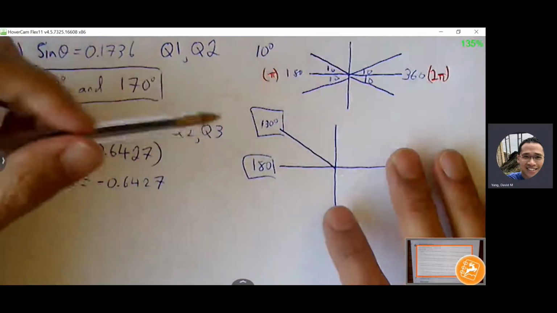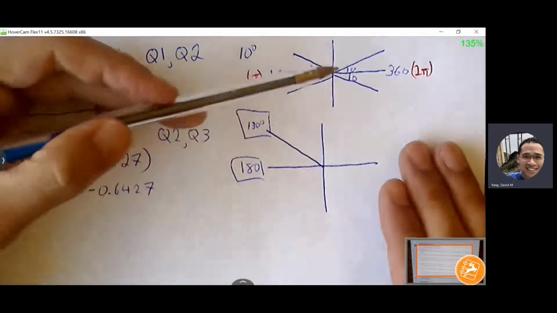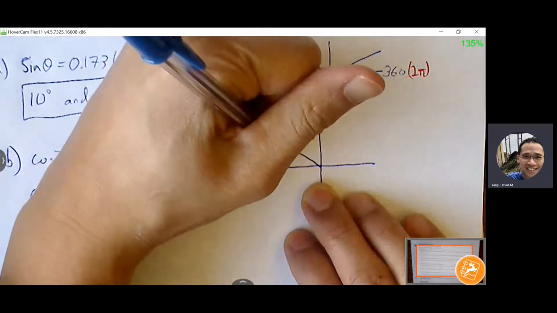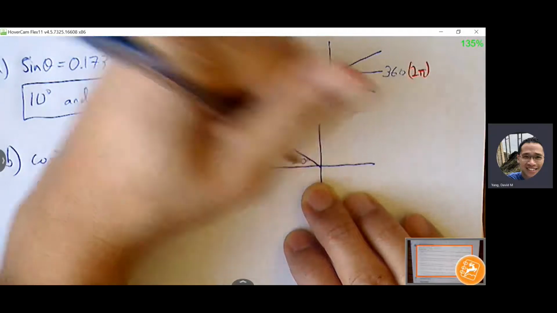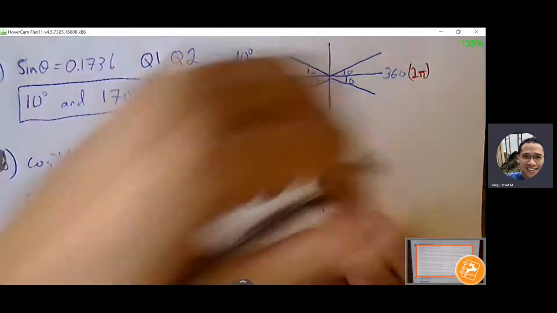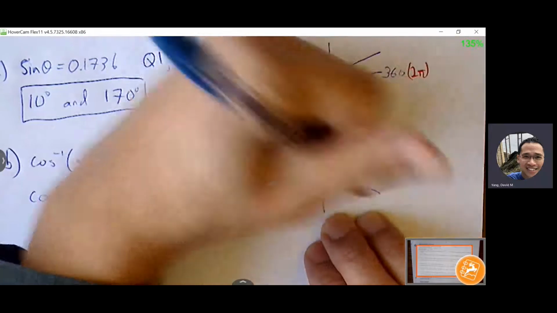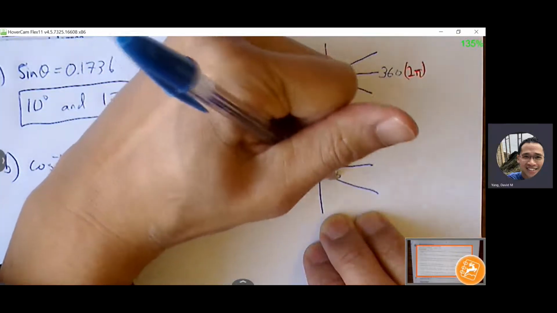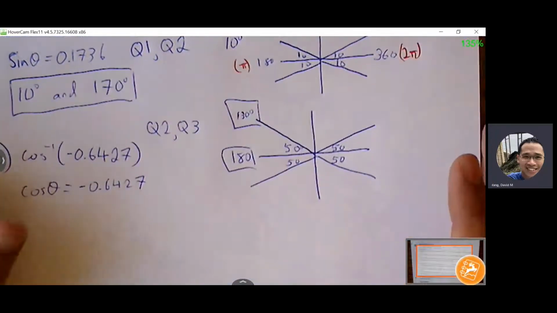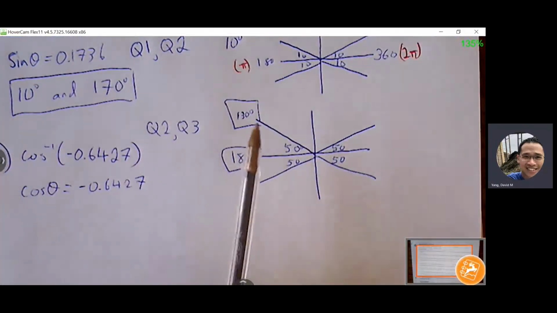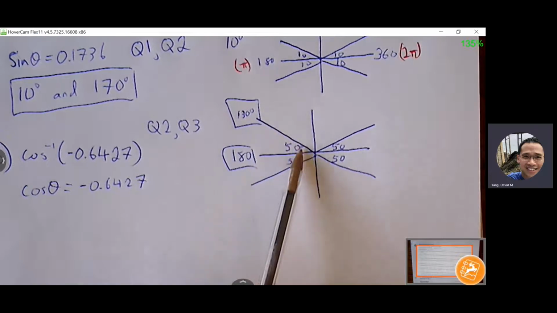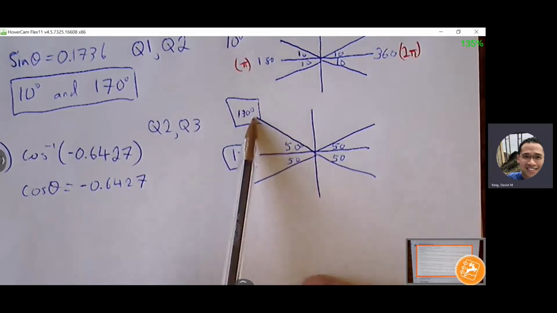That is a little bit more work because it doesn't give you the first quadrant value, it gives you the second quadrant value. You have to figure out what that reference angle is so that you can work your way around if you need to. Now you can find anything you want because you know that everything is going to be dealing with 50 degrees. Does that make sense? So you know 130 degrees is an answer because it's a principal value.